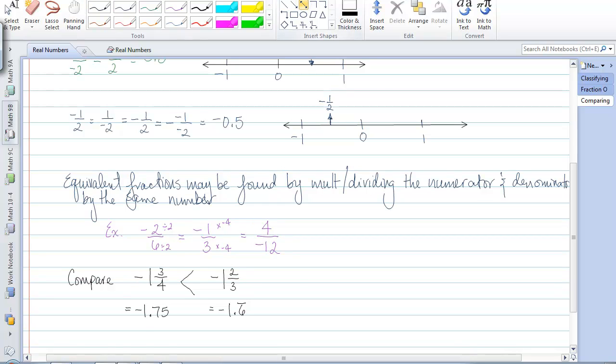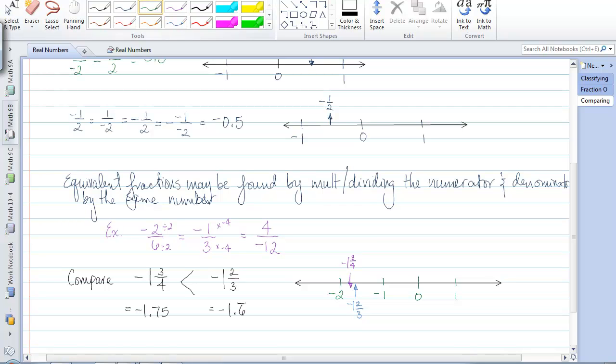Okay, if we were again to look at that on a number line, we would see that 0 is here and +1. Got -1, and let's place -2 there. So we see that -1 3/4 is about right here, and let's change color. We can see then also that -1 2/3 is about there.